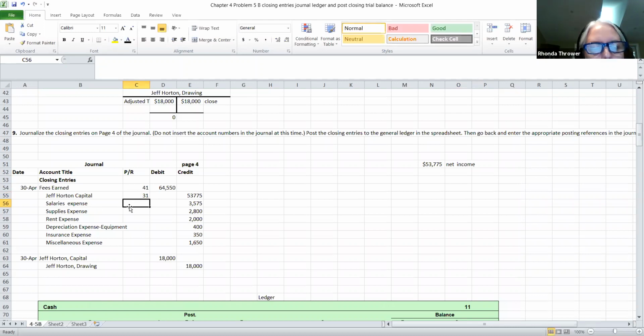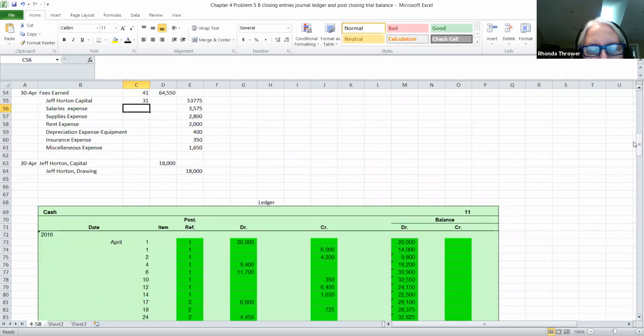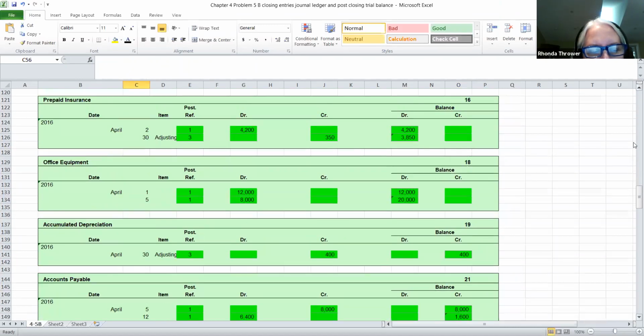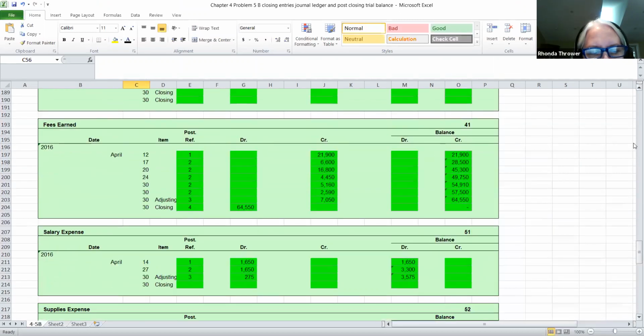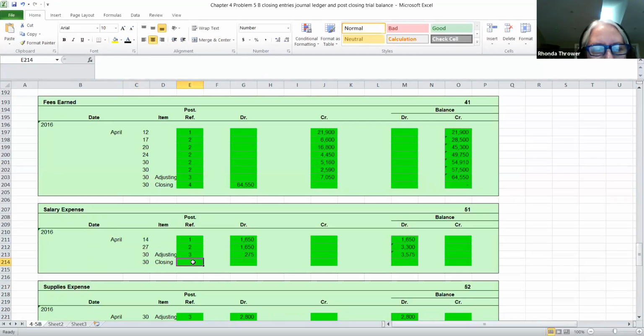Salaries expense is going to be credited for $3,575. So I'm going to go to my ledger. I'm going to go to salary expense. I'm going to put in my page number. I'm going to credit my salary expense for $3,575 so that I zero out this account balance.